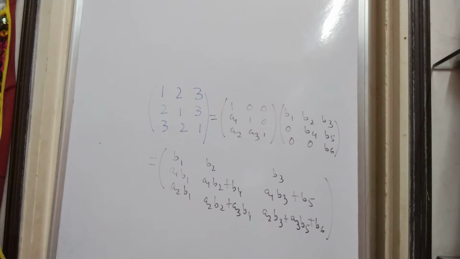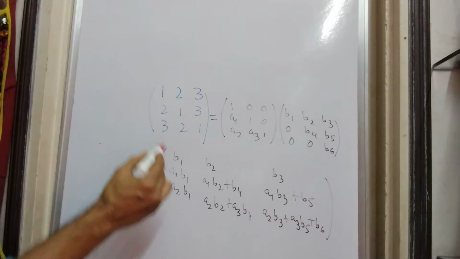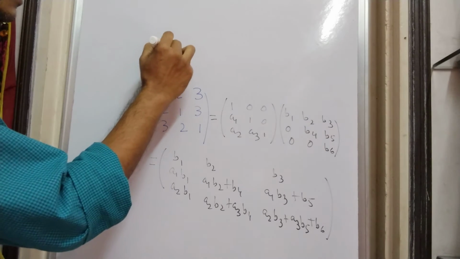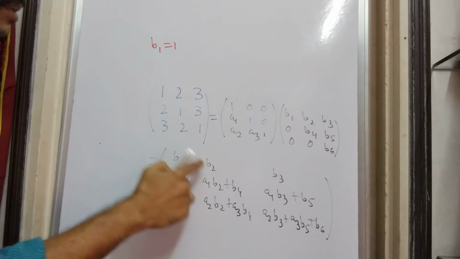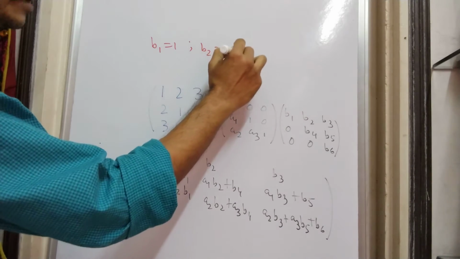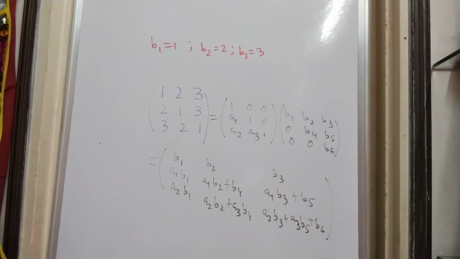What we get is that B1 is 1, B2 is 2 and B3 is 3. These are straightforward.